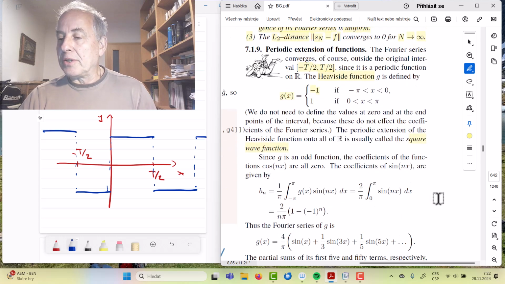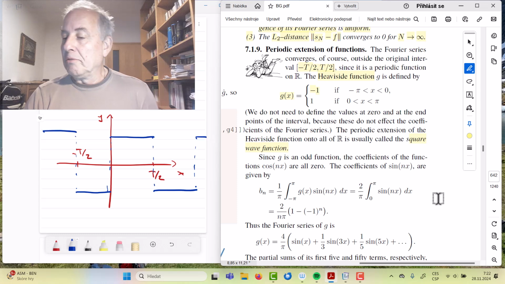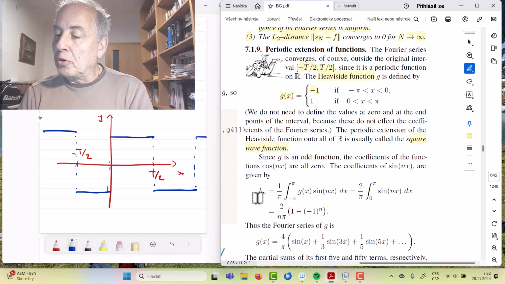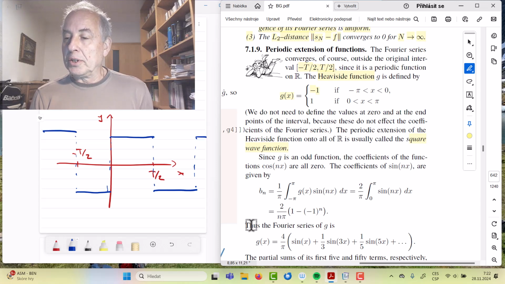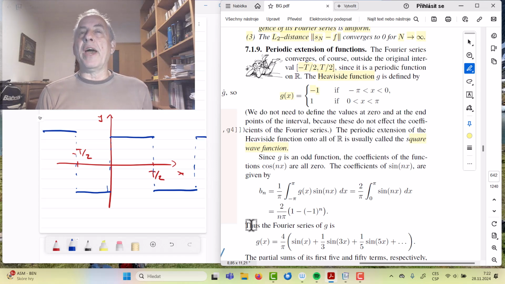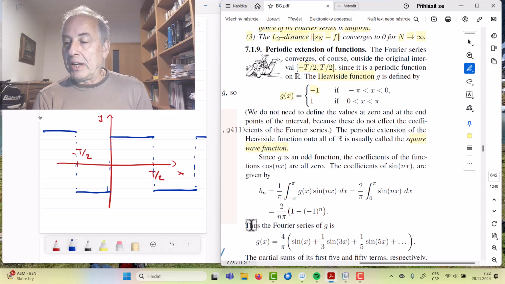And it's a very simple function, so we can very explicitly compute what the bn's and an's are. First of all, you see the function is odd, so only the odd coefficients make sense. So the an's will be all 0, no an's at all. So that's good.